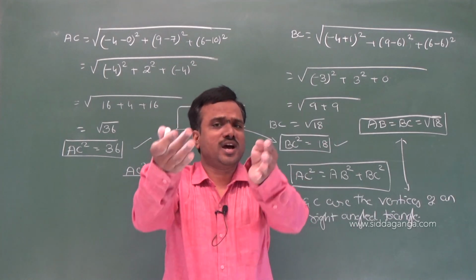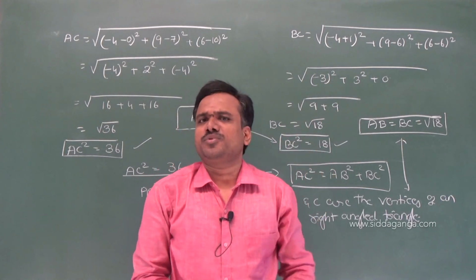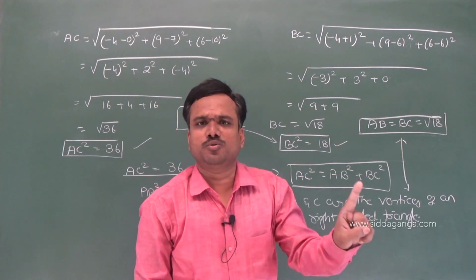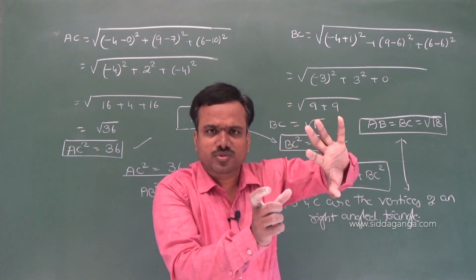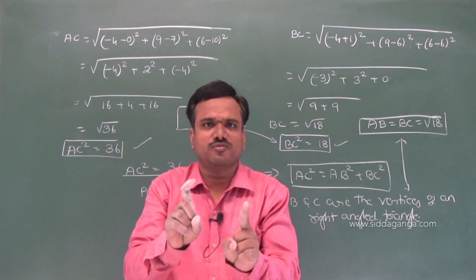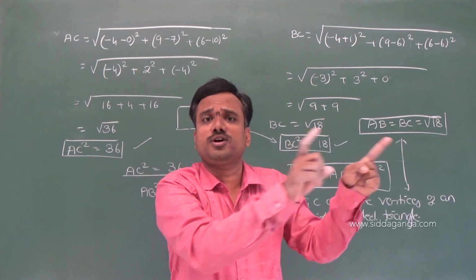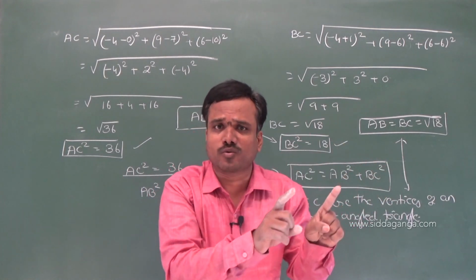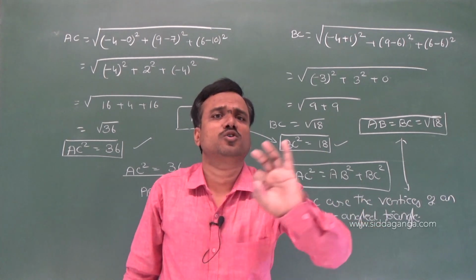To prove, once again I recall all the previous problems. To prove collinear, we find 3 values: A to B, B to C and A to C. Among these 3 values, we observe which value is highest. If that is equal to the sum of the other 2 values, these 3 points are collinear.